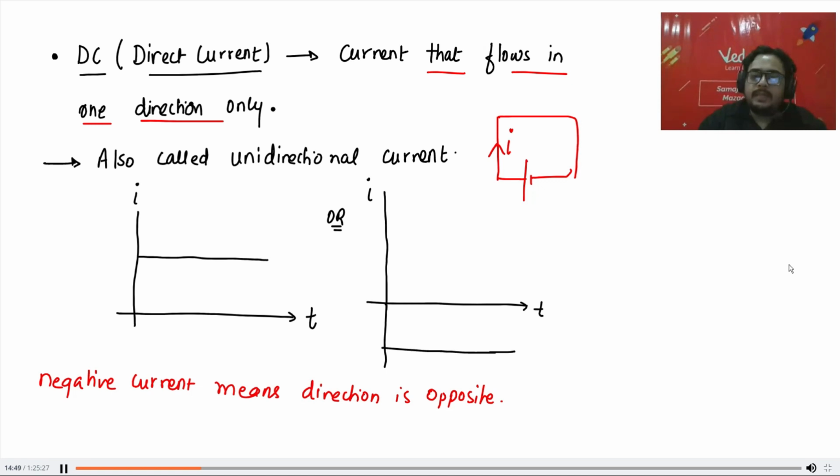So let me say if you have taken clockwise positive and current is flowing anti-clockwise, then it means that the current is negative. If you have taken anti-clockwise positive and current is flowing clockwise, it is negative current. Okay. Any more doubts? Any more doubts in DC?